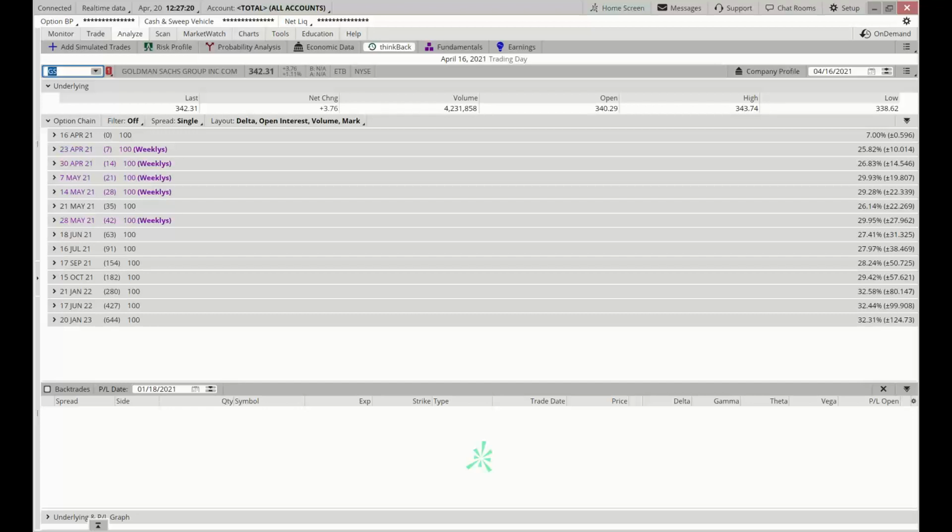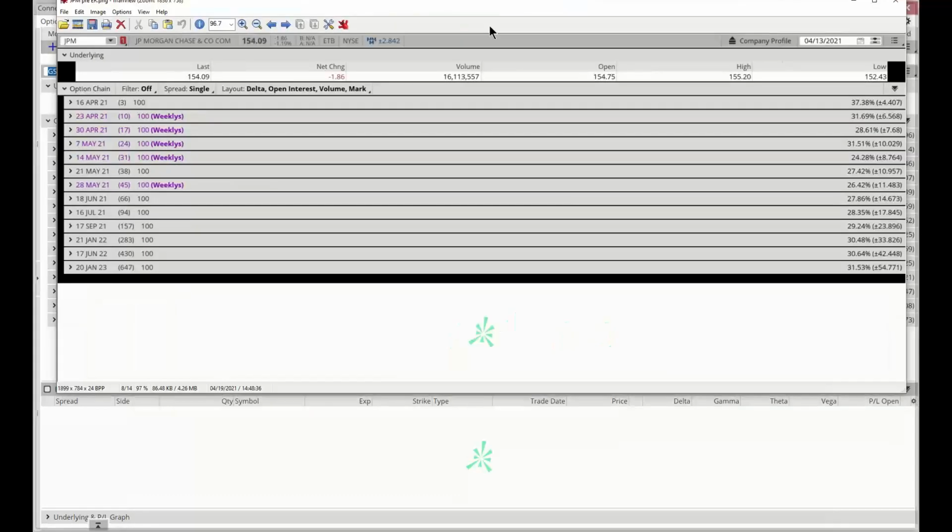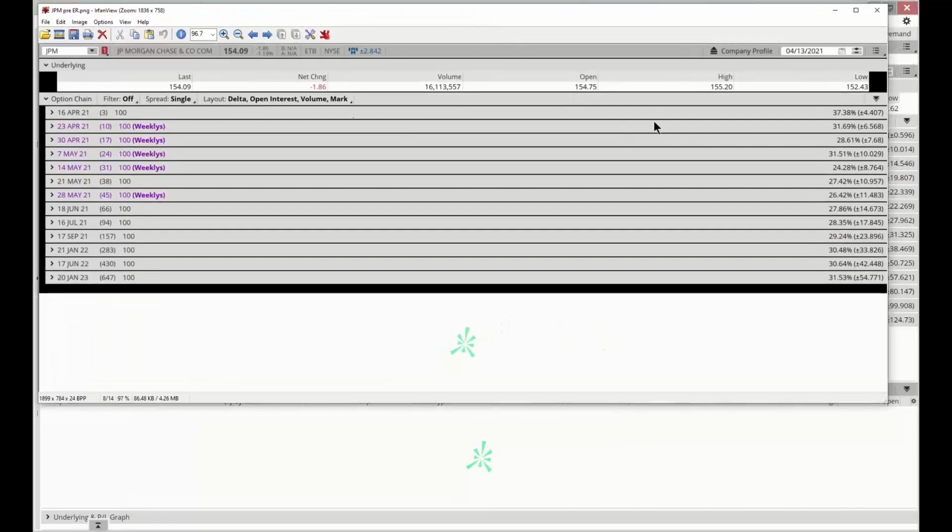Let's go to another example last week. JPM. Same day. JPM, 4/13, pre-earnings release, screen capture, pre-earnings release.